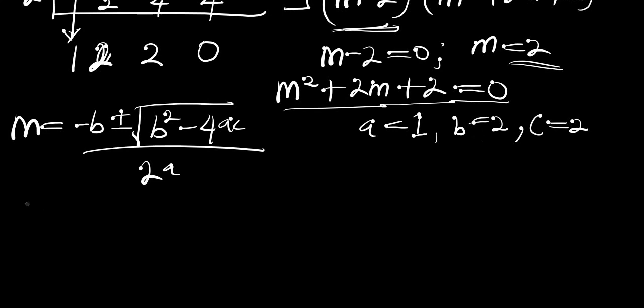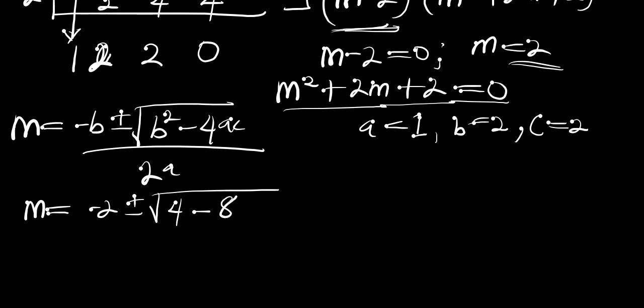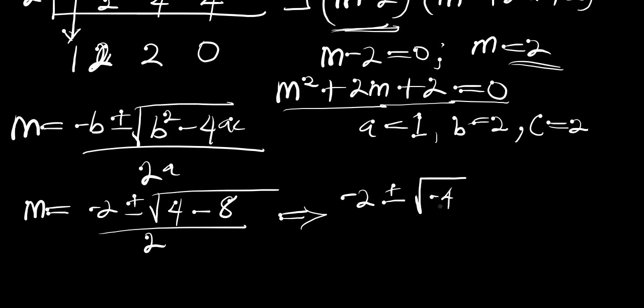So let's put it here. We have m equals negative b, which is negative 2, plus or minus the square root of b², which is 4, minus 4 times 1 times 2, which is 8, divided by 2a, which is 2. And this equals negative 2 plus or minus the root of negative 4, divided by 2.